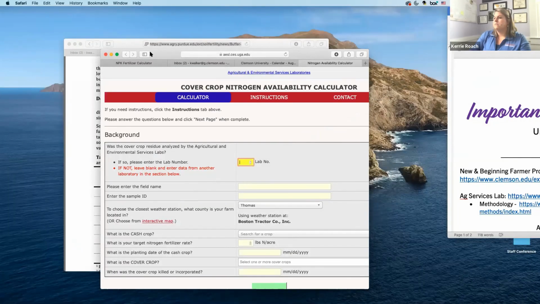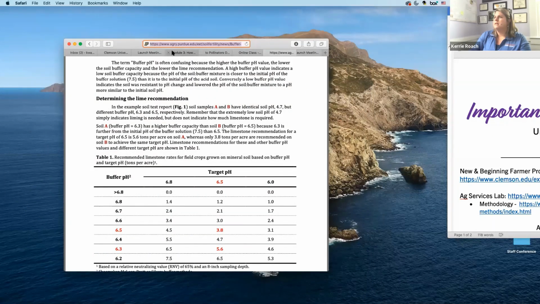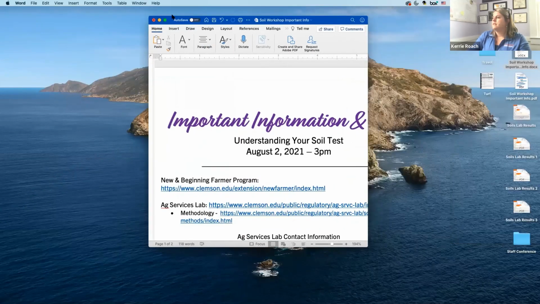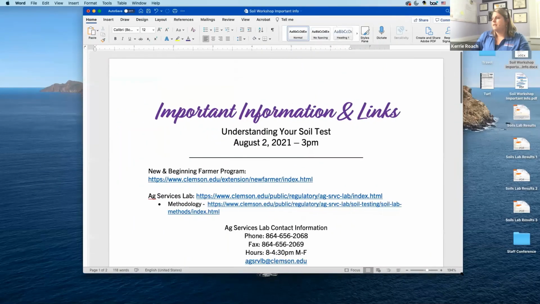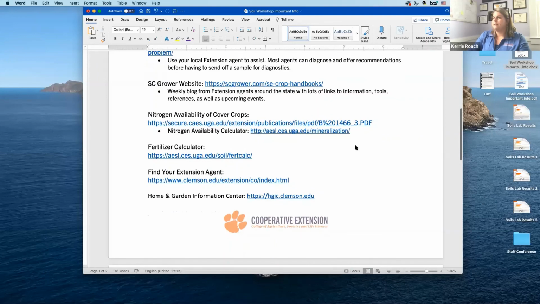Another tool, the last one, hold on. It's on here, actually. The last one I can show you is that fertilizer calculator.